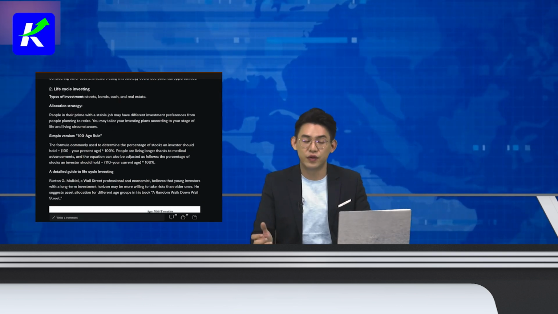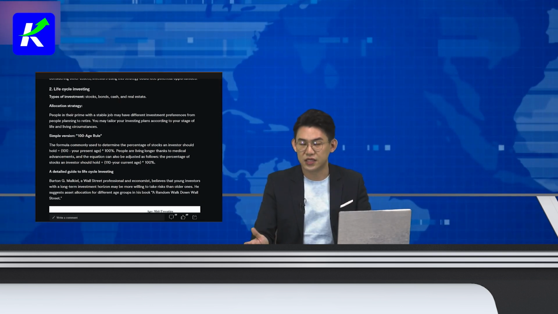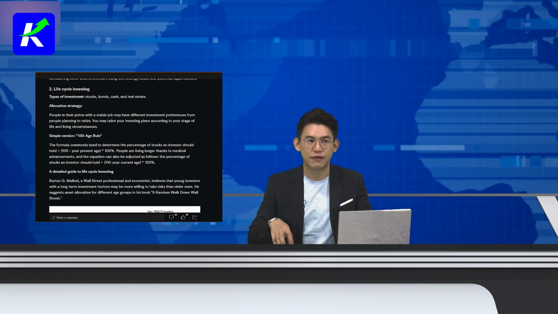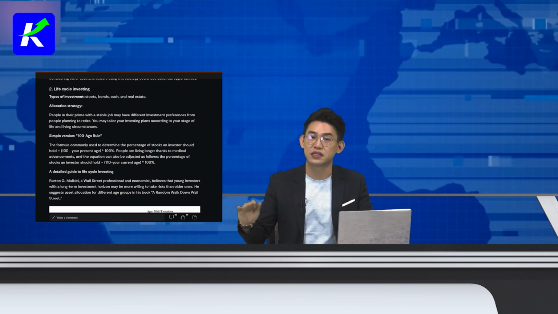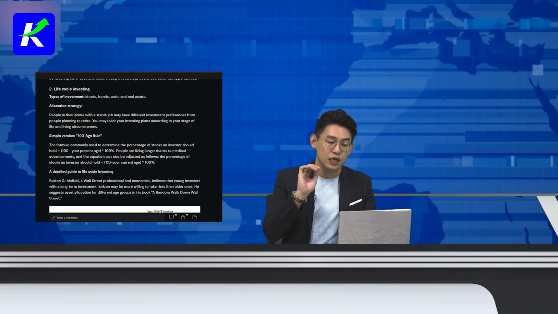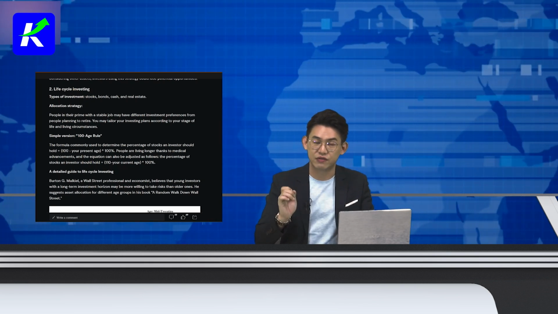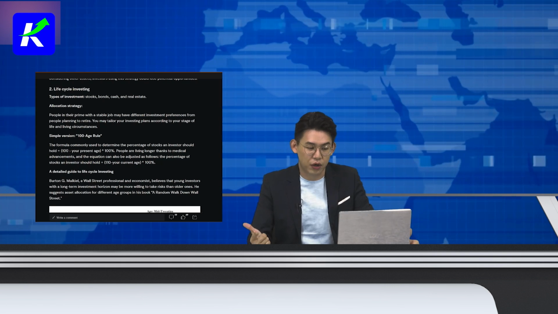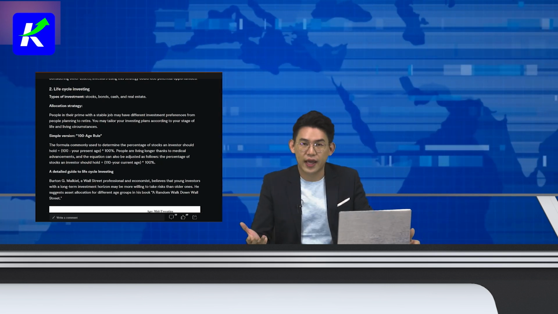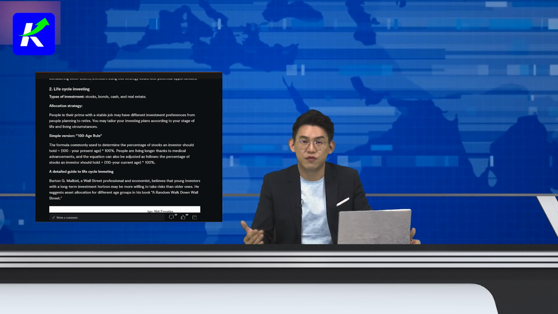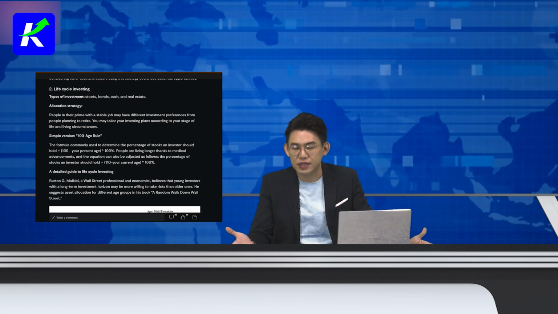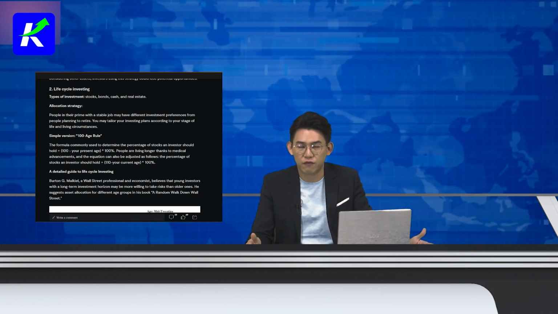Next, we look into the life cycle of investing. So right now, you know how to allocate your portfolio, like 50-50 at the moment, put it as a balanced fund. Next thing is allocation, life cycle investing. First, we look into types of investment: stocks, bonds, cash, and also real estate. For cash, like I said before, let's say you put 100,000, maybe you reserve 10 to 20% of your cash for your portfolio investment.